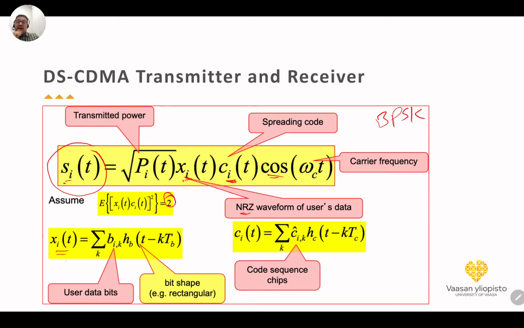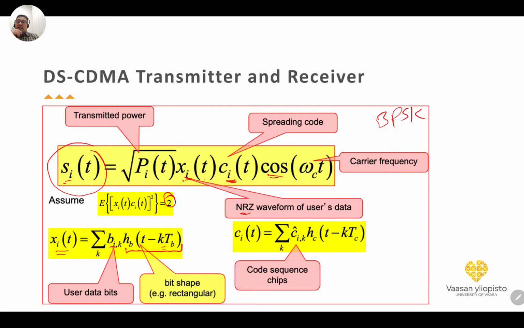Also, we assumed here xi of t equals the summation of bi of k times hp of t minus kTb. Actually, this is the bit shape. For simplicity you can assume that it is just rectangular, but usually we try to avoid rectangular because it has large bandwidth.